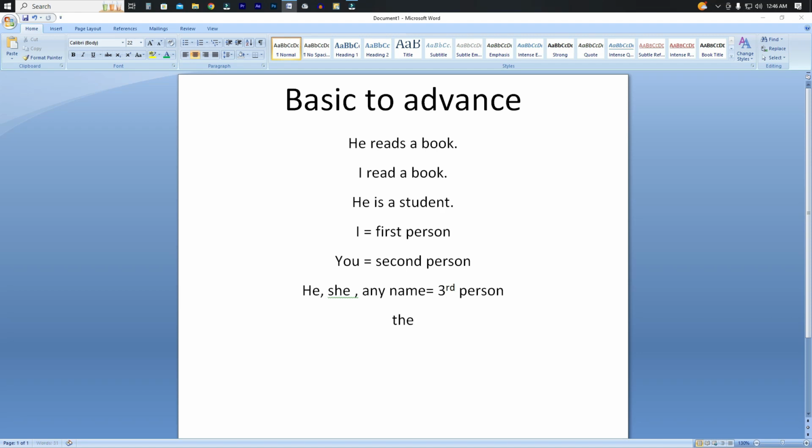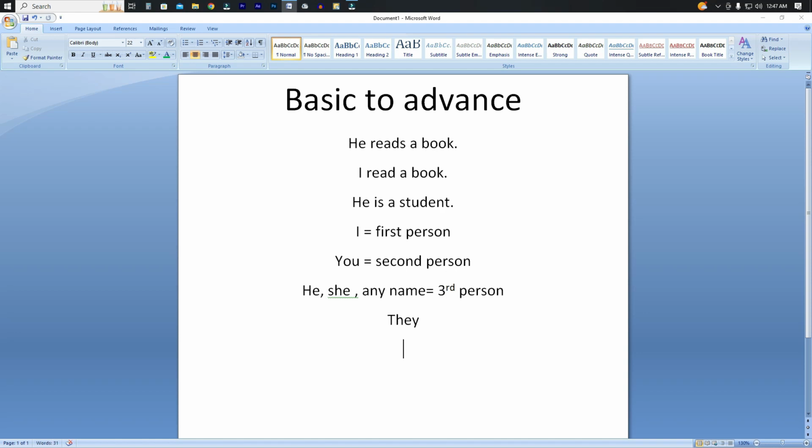Say for example, they. They means the plurality of the people. So here more than one person. So we can say they. And Rohim and Korim.